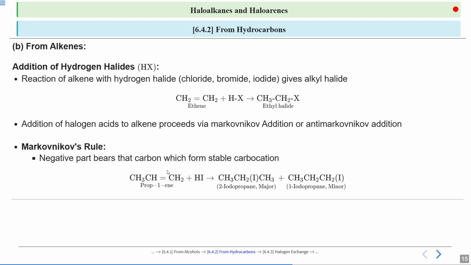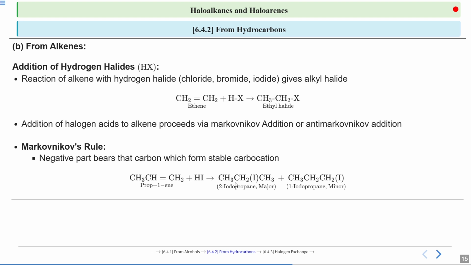So it is going to attack the carbon of the double bond where the hydrogen is lesser, or where the carbon is forming a stable carbocation. So this I negative will go to the second carbon in the parent chain, okay? And you are going to get the major product as 2-iodopropane after the binding of this I negative with the second carbon in the parent chain.